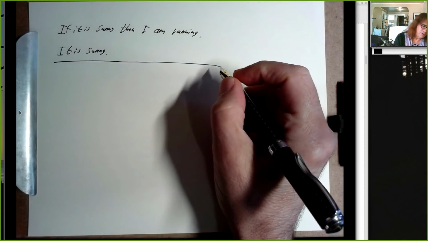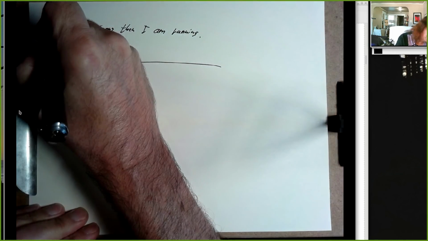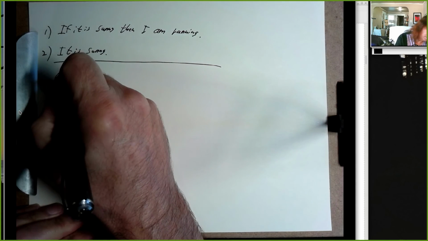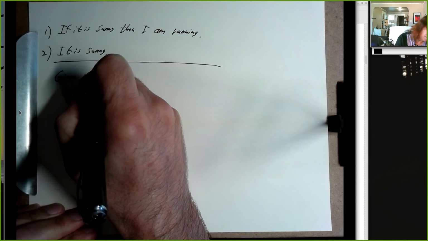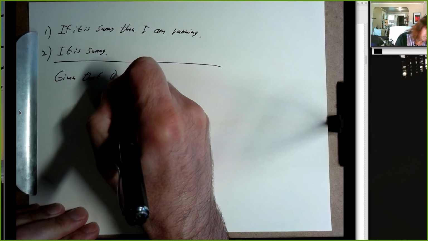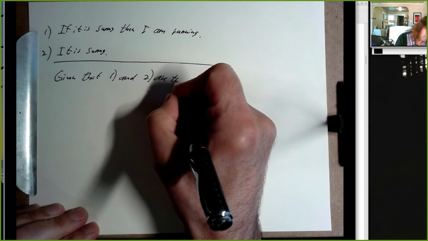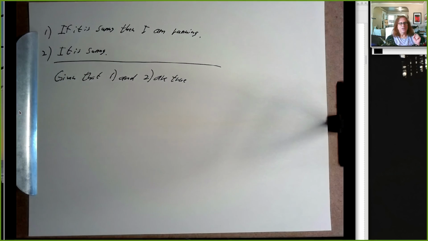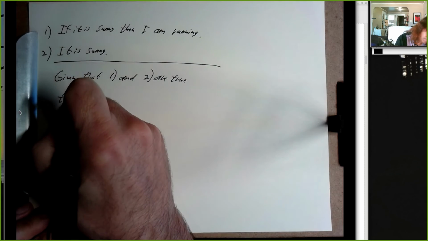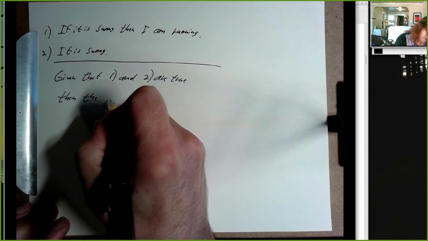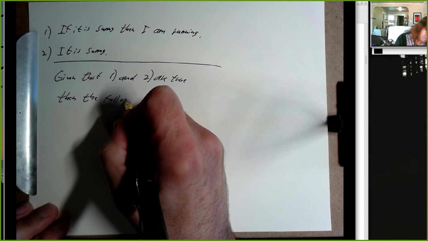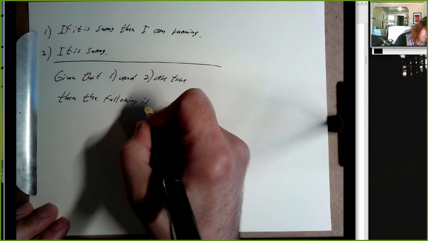Here's what we do know. If we are told that both of these propositions are true, then the following proposition is also true.